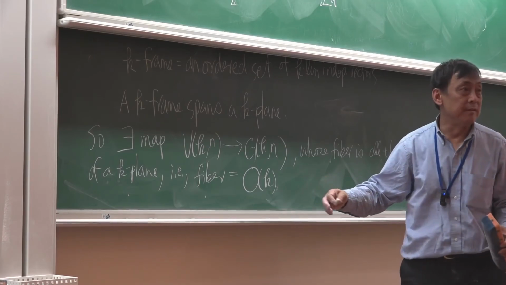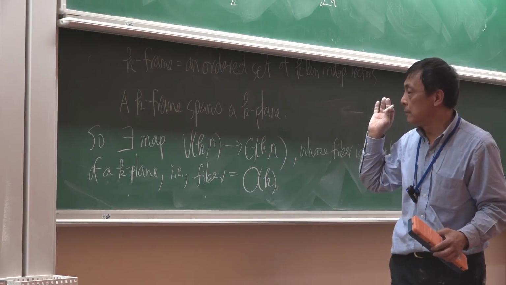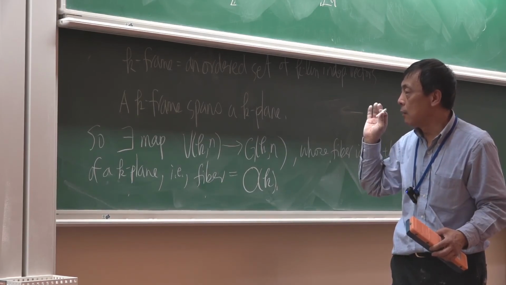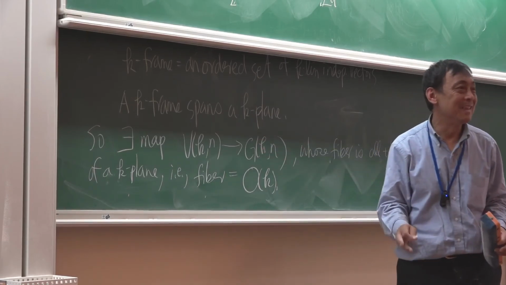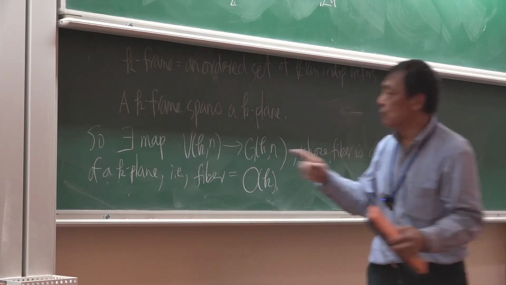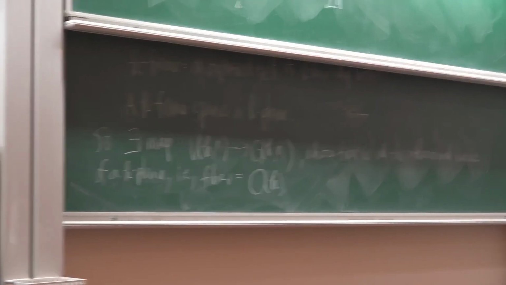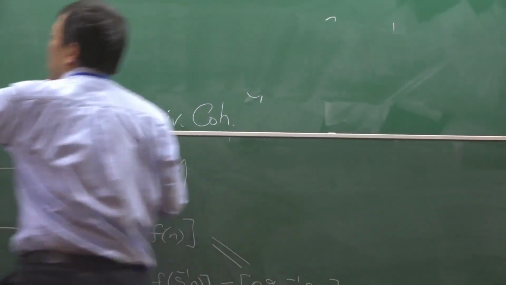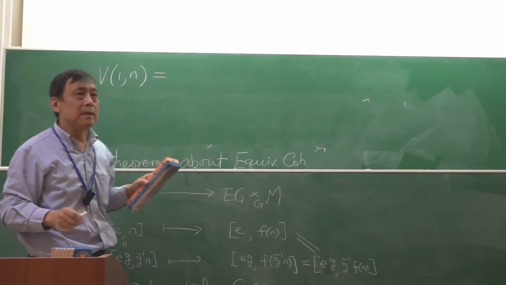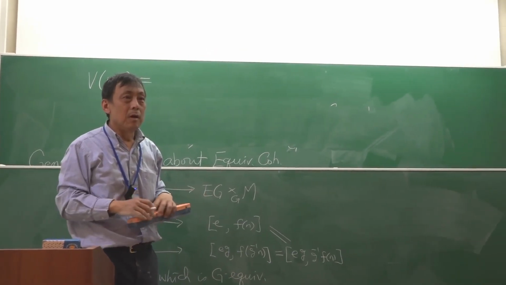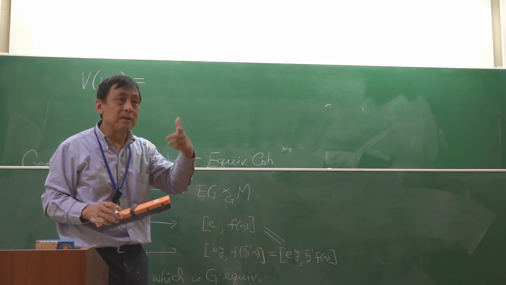And so it generalizes. You see, if K is 1, then what is V_1,n? That's an orthonormal one-frame. That means a unit vector.